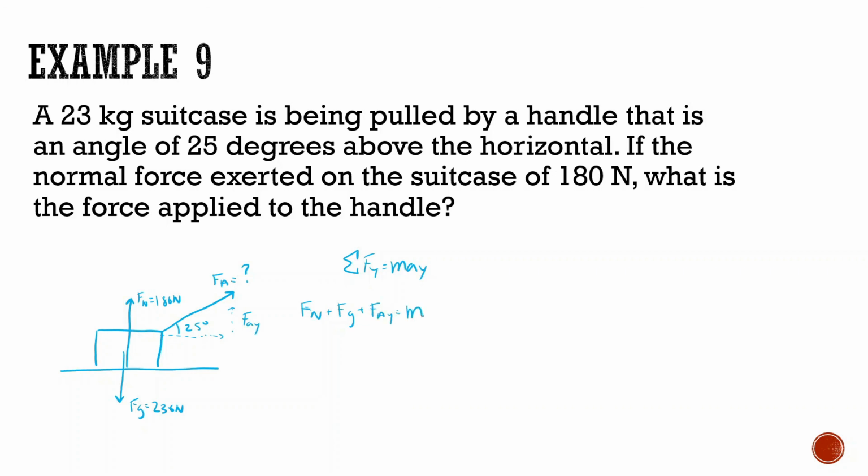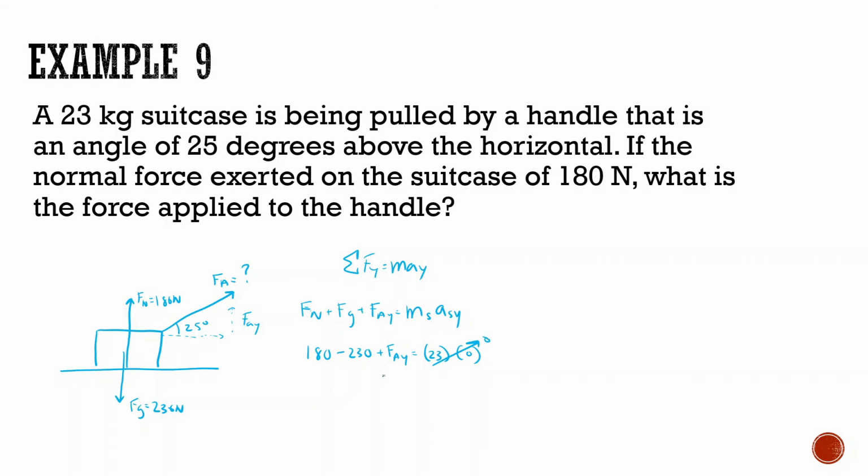And this is all going to be equal to the mass of the suitcase times the acceleration of the suitcase. Normal force we know is 180. Force of gravity is negative 230. Force applied is unknown. We don't know what that is. We know the mass is 23. And we should know the acceleration of the suitcase in the y direction is going to be 0 because it's not moving in the y direction.